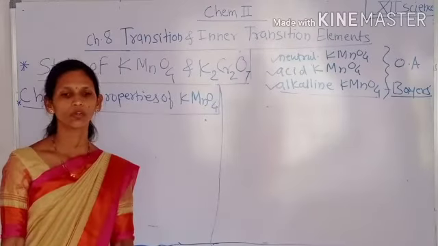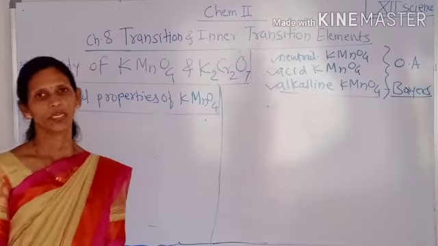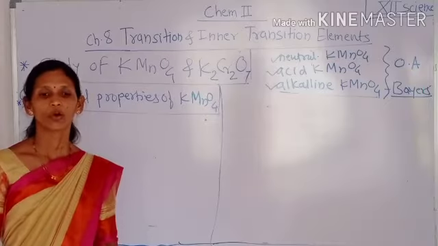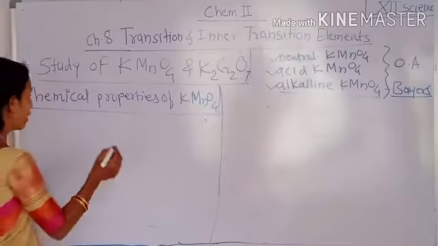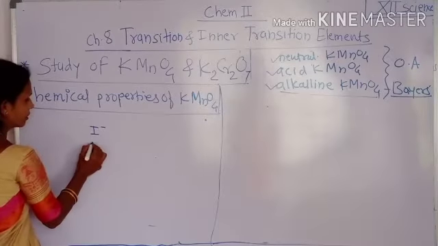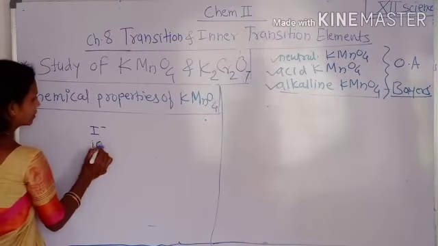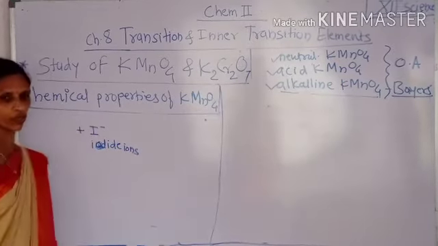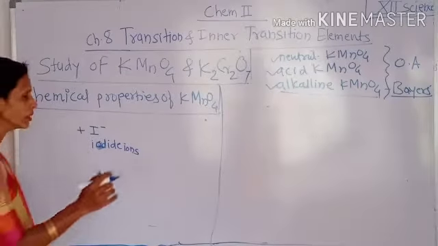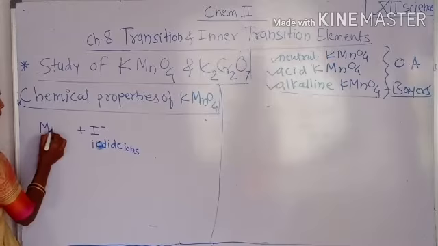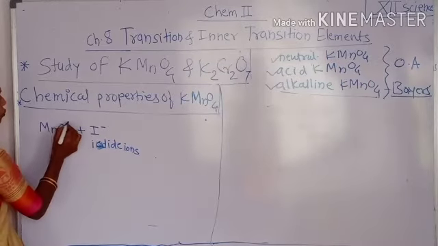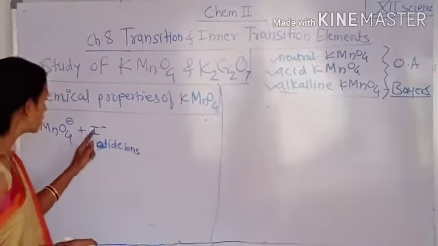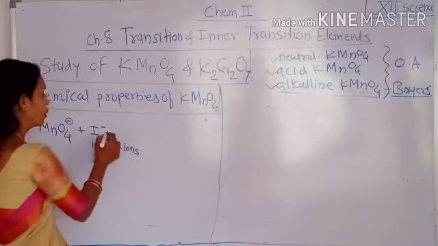Now we are discussing the oxidation reactions of KMnO4 in neutral or weakly alkaline medium. First, oxidation of I minus ions, that is iodide ions present in the solution, which get oxidized due to potassium permanganate, which contains MnO4 minus, the permanganate ion.